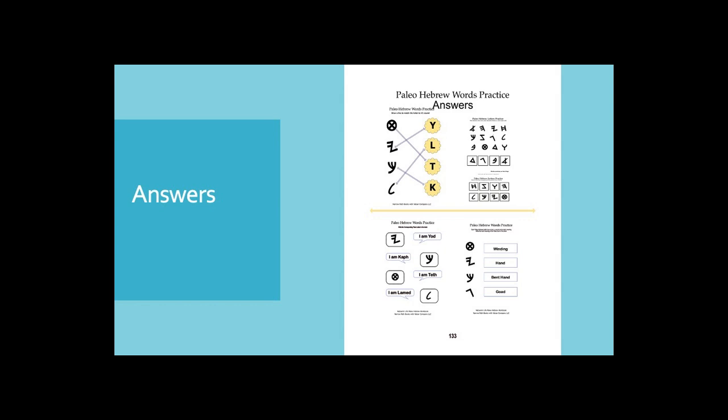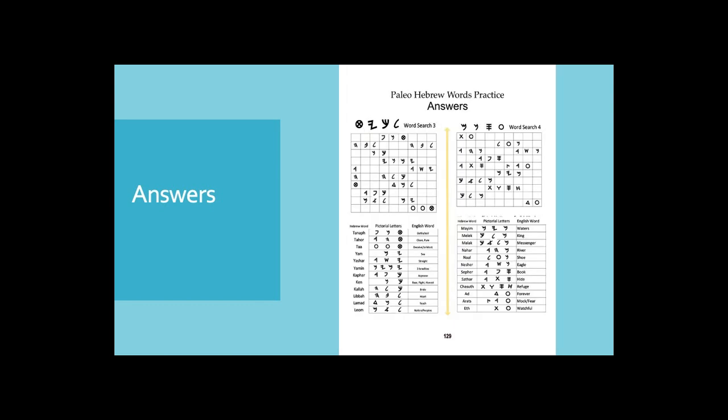All right. Now we're going to jump over. I have page 134, and that is where I see the answers to the worksheet and the answers to the word search. This looks pretty easy this time. Only one went from bottom to top, and the rest were normal right to left.